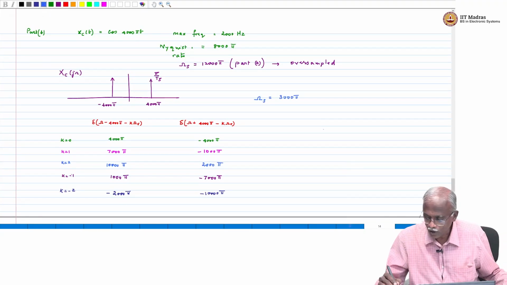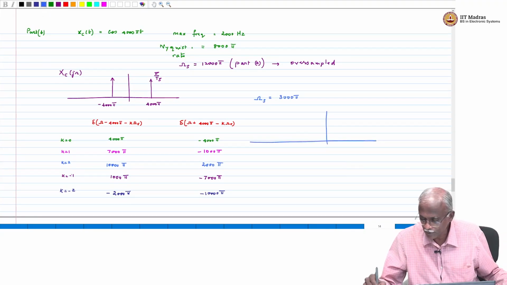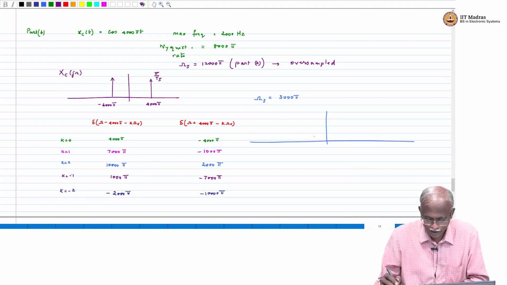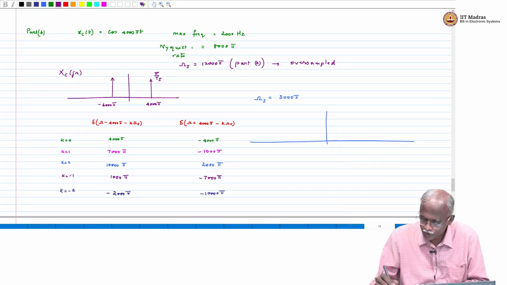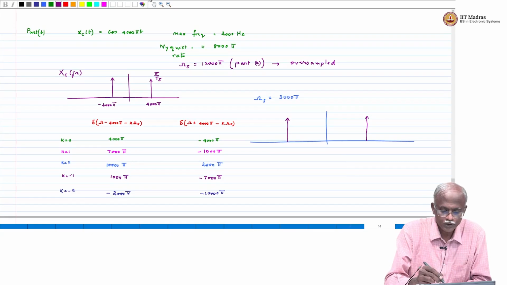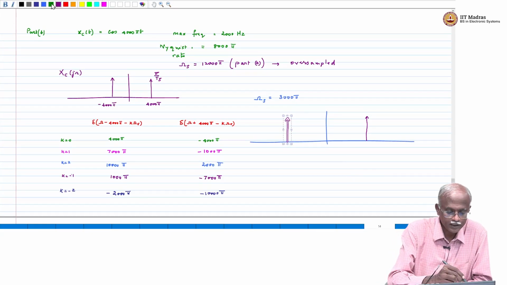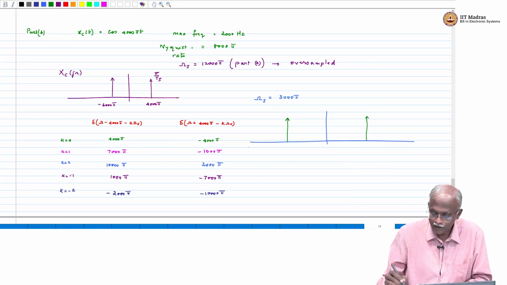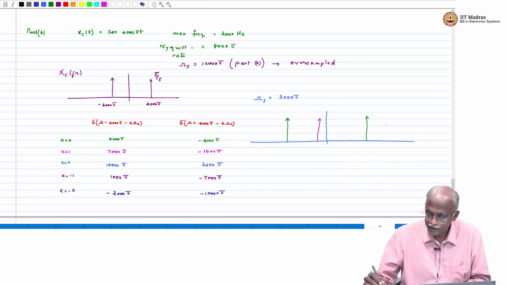So, let us quickly draw what this new spectrum looks like. I will have to draw it in a careful manner, and make sure I get all the different things that I have. So, if this is 4000 pi and minus 4000 pi, let me make it green so that it will be consistent with the color combination that I have used. The first copy of the signal is going to be at minus 1000 pi and at 7000 pi.